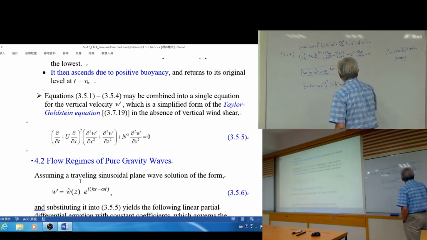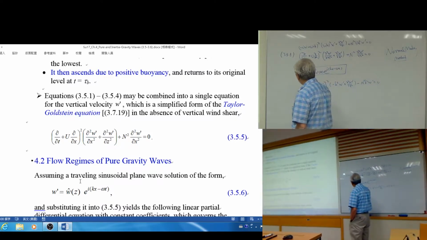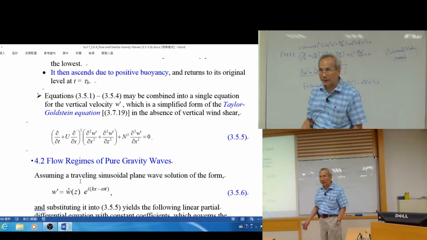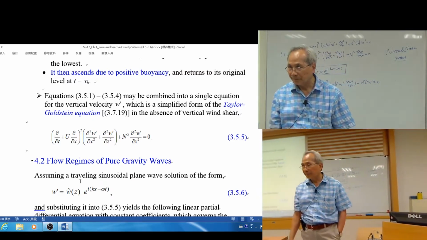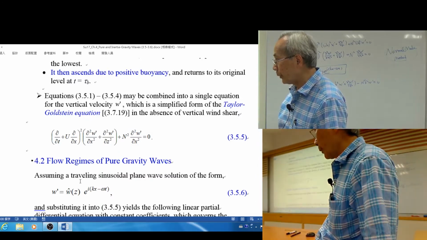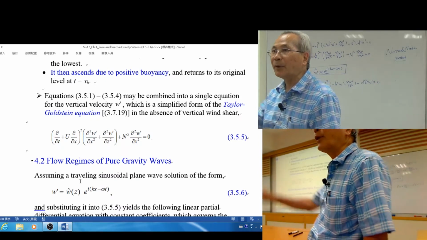And here it becomes negative n squared k squared w prime equals 0. And this one becomes what? Negative i squared. What is negative i squared? It's 1? You sure? Minus 1, right? How many vote for minus 1?